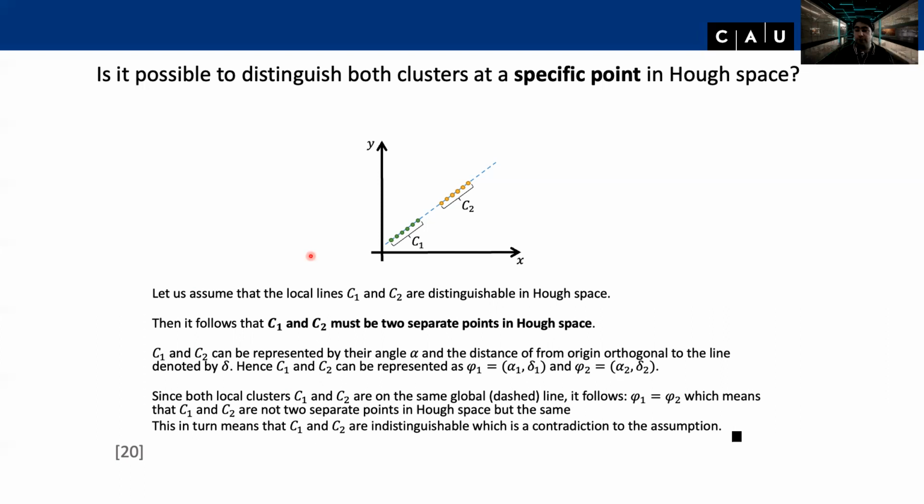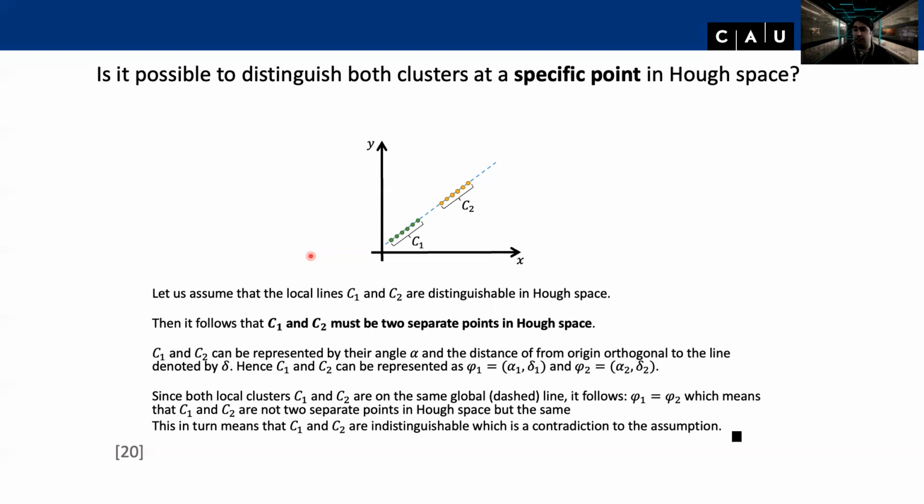If they are not perfectly located on a line, then you may have one rectangle or cube and another rectangle, and depending on how much they overlap, you may say, yep, they belong to the same cluster, they are indistinguishable. Or if they are barely overlapping, they do not have so much in common, then it may happen that you can somewhat distinguish.